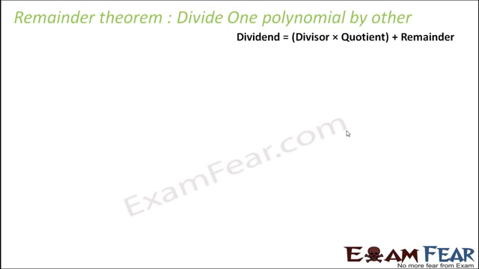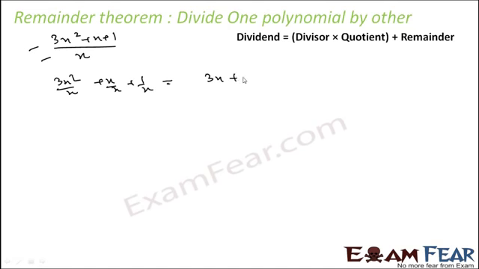So let's try to divide 3x square plus x plus 1 by x. If you divide, you get 3x square by x plus x by x plus 1 by x. 3x square by x is okay, that is 3x. x by x is also okay, 1.